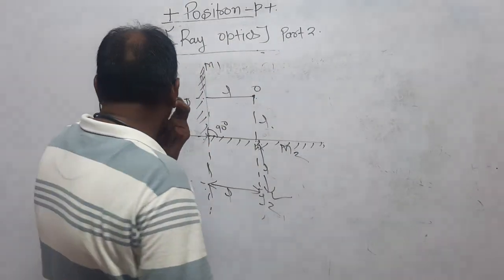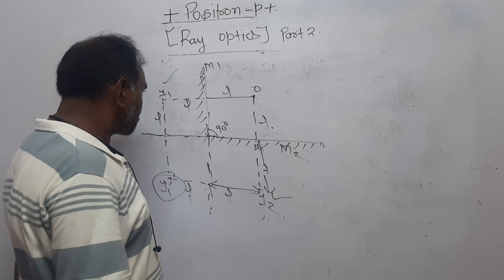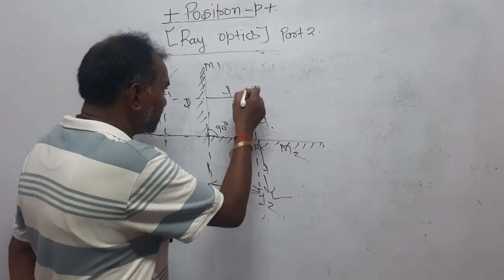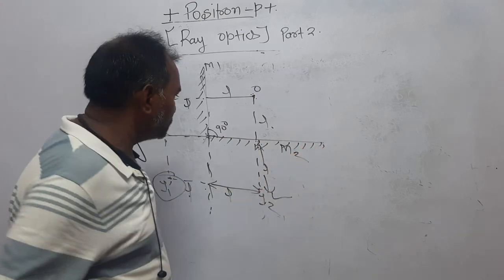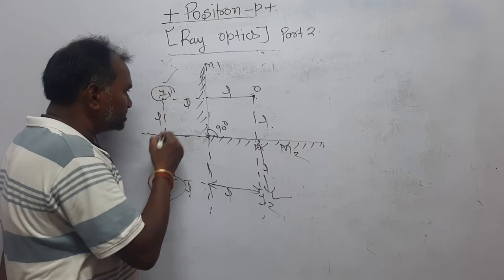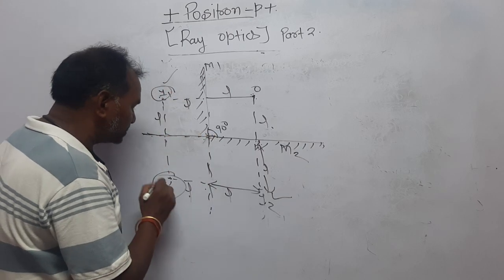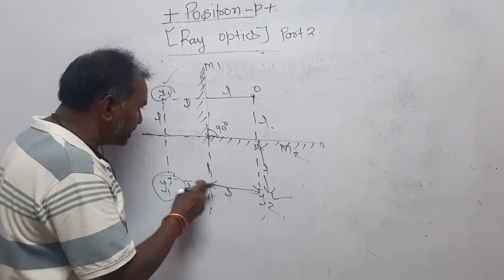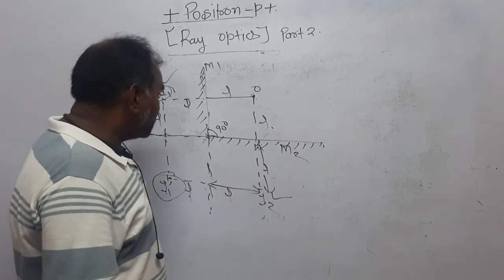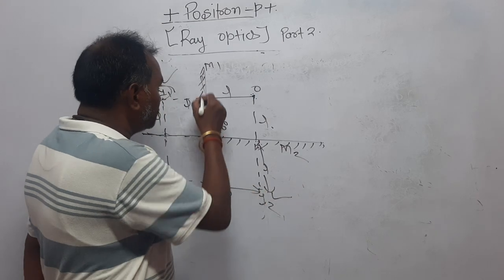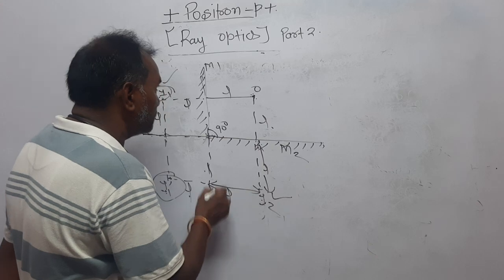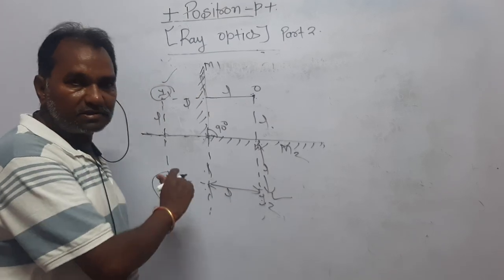You can say it like this, dear students, look here. Image of O is made at I1, right? Image of O is made at I2 by mirror M2. Either you say the image of virtual object I1 is created by M2 at this place, that is I1 dash, which is L distance apart from either M1 or M2, or you say the image of virtual object I2 will be made by M1 at I1 dash, right?